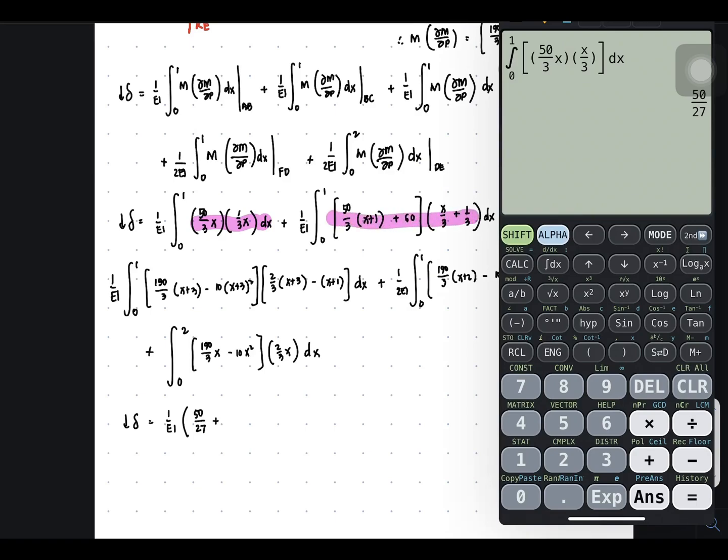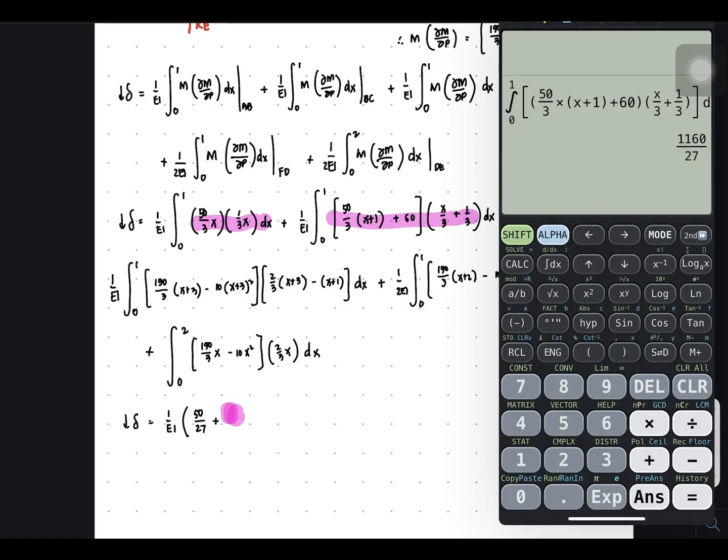So these are the 1 over EI terms, and get the integral of 50 over 30 times x plus 1, and then plus 60, and you multiply it with x over 3 plus 1 over 30, and the limit is from 0 to 1.